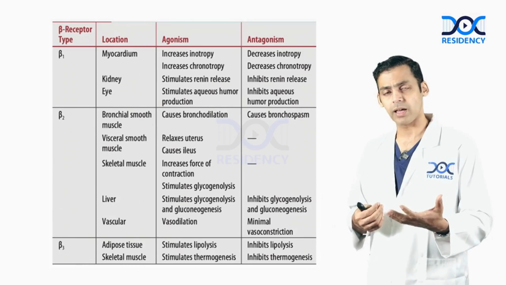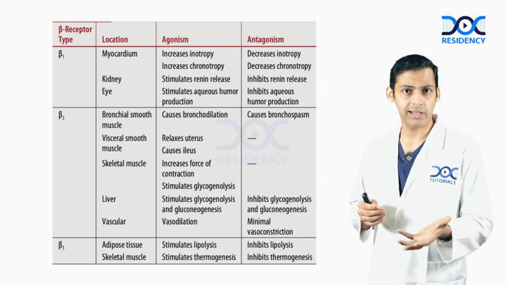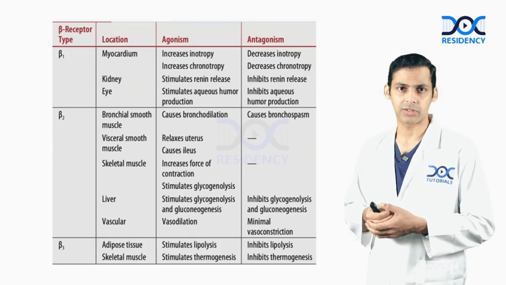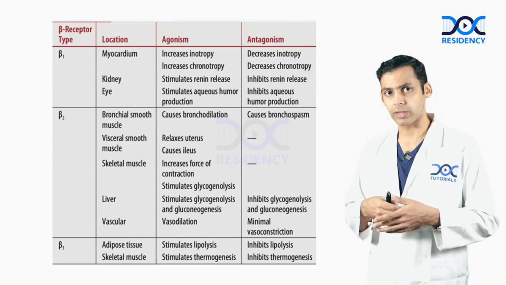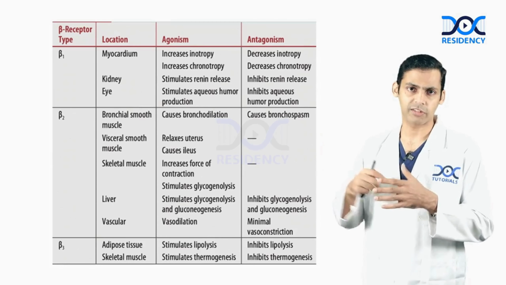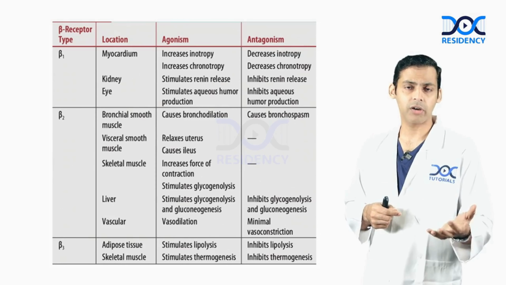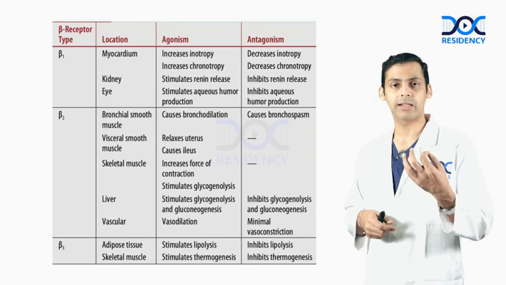Beta 2 receptors are involved in smooth muscle relaxation like vasodilatation, uterine relaxation, and even bronchodilation. Whenever these receptors are blocked by beta blockers, the exact opposite effects will be evident. So if beta 1 receptors are blocked, of course there will be decreased myocardial contractility as well as slow conduction in the myocardium.